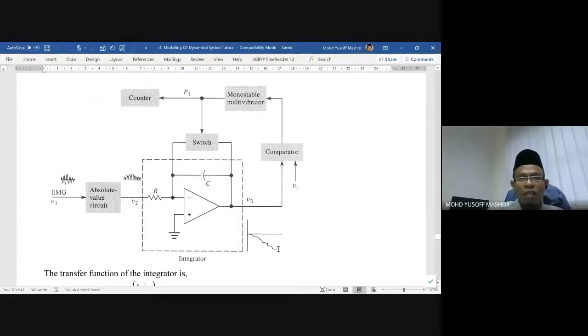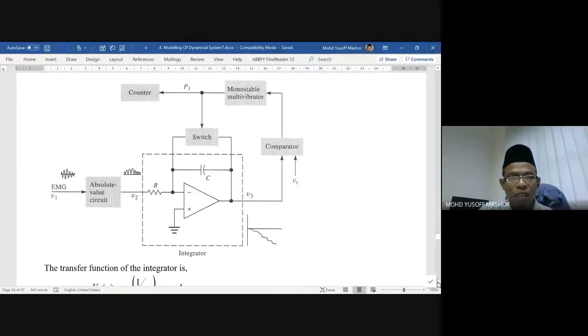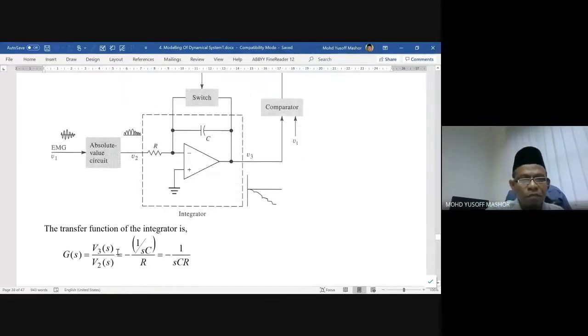Okay, so how does the counting happen? As we supply this, that means we're going to supply the current here to charge this capacitor. When this capacitor becomes more and more charged, the gain or the transfer function for this op-amp, if you still remember, is V3 divided by V2 equals Z2 divided by Z1.